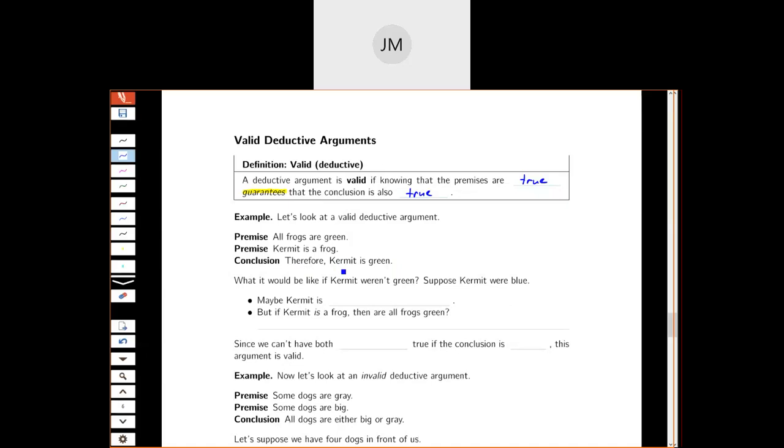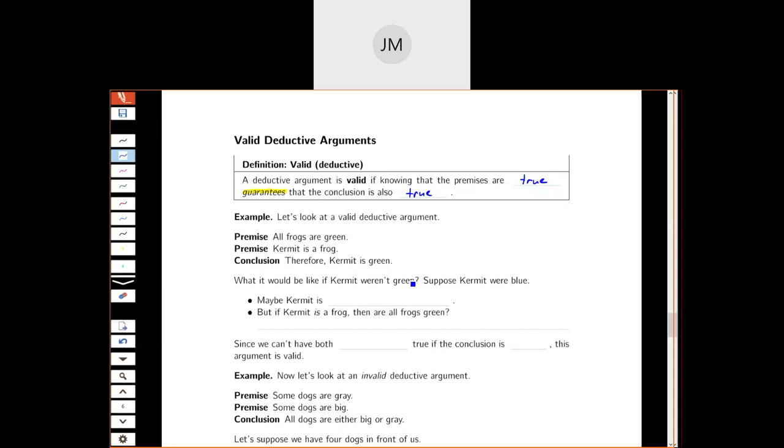All right, so what we're doing is saying that knowing these premises are true, we're guaranteed the conclusion is true. One of the ways to think about an argument is to think about what would it take for the conclusion to be false. So what if Kermit weren't green? Suppose Kermit were blue instead. How could that be?